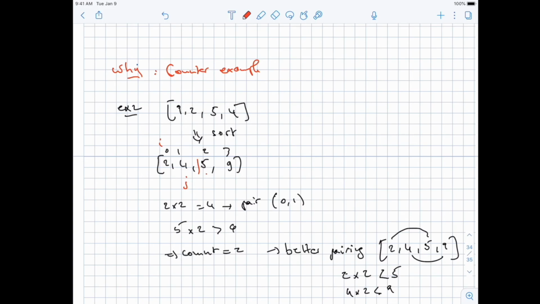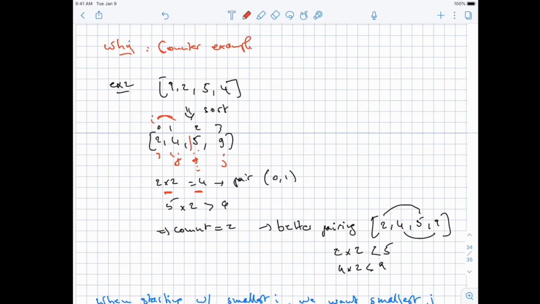Then 2 times 2 is equal to 4, so we pair indices 0 and 1, and we advance j here and i here. So we try to pair 5 and 9. But 5 multiplied by 2 is 10, sorry, and 10 is bigger than 9, so we won't find another pair.